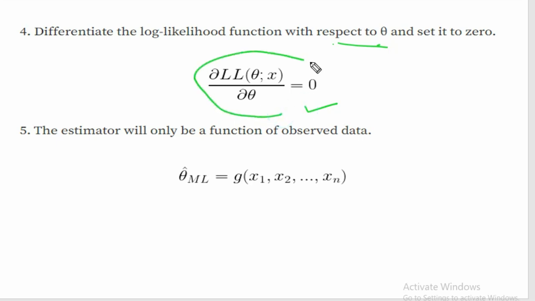Therefore, it is written like this. Finally, the estimator will only be a function of the observed data, and you will get the maximum likelihood, and this maximum likelihood is represented by theta cap ML, which is equal to g of x1 till xn, and this is how it is done.